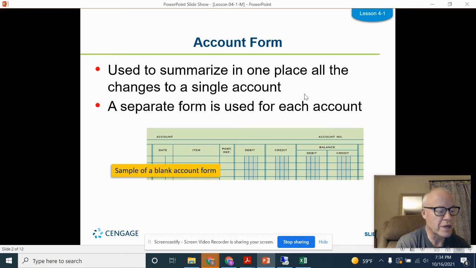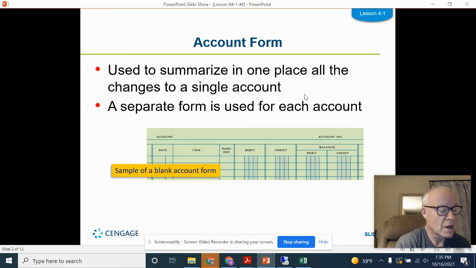That's where we would put the page number of the specific journal that things were posted from. We always want to be able to cross reference anything in our account form, which is within the general ledger. We need to be able to quickly go back to where that actually came from, say, from chapter 3, our multi-column ledger.